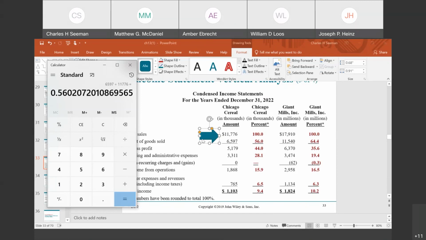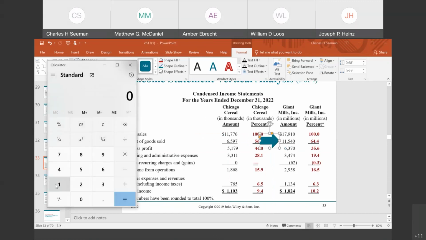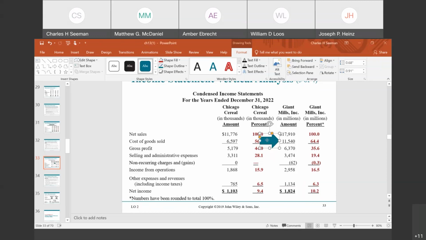Now I'm going to determine Giant's cost of goods sold in the same way. I'm going to take its cost of goods sold and divide it by its sales, and I'm going to get 64%. So what that means is that for Chicago Cereal, it costs them 56 cents on every dollar to produce the product.